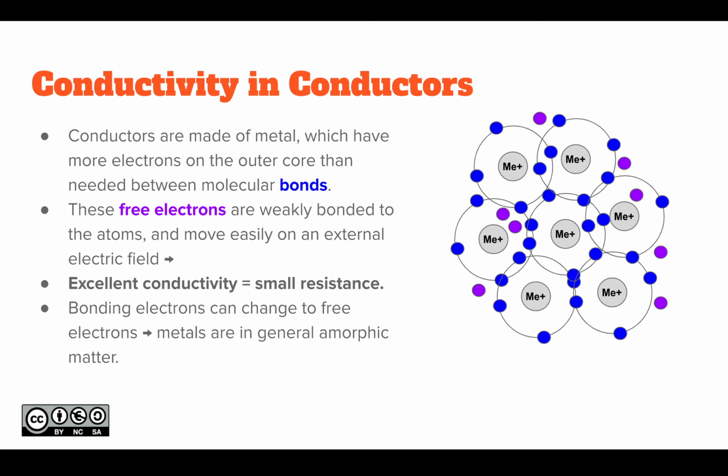Practically, those extra free electrons, marked in purple, are easily movable by an external electric field, and they are the charge carriers, which means that metals have excellent conductivity, which means small resistance.